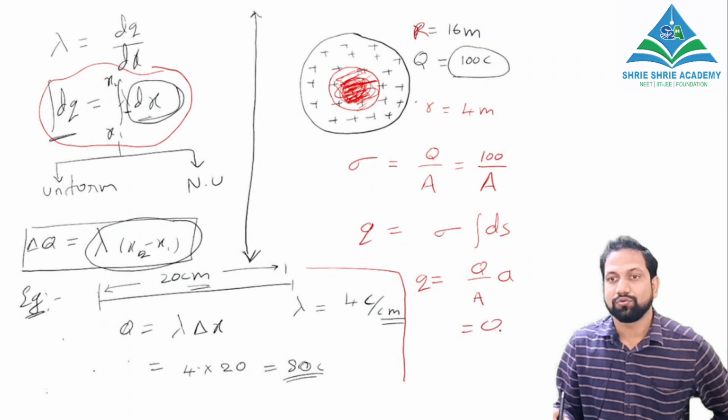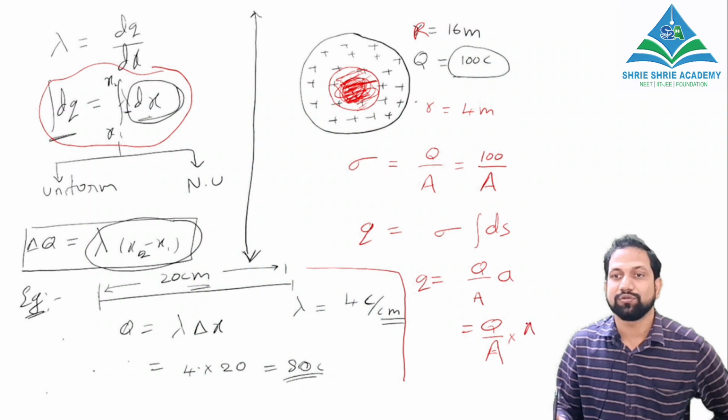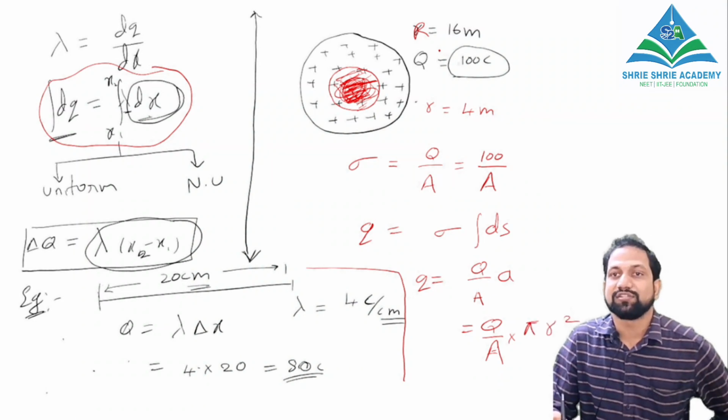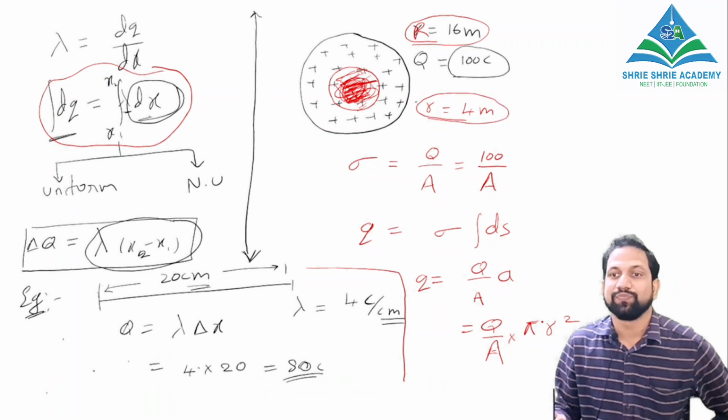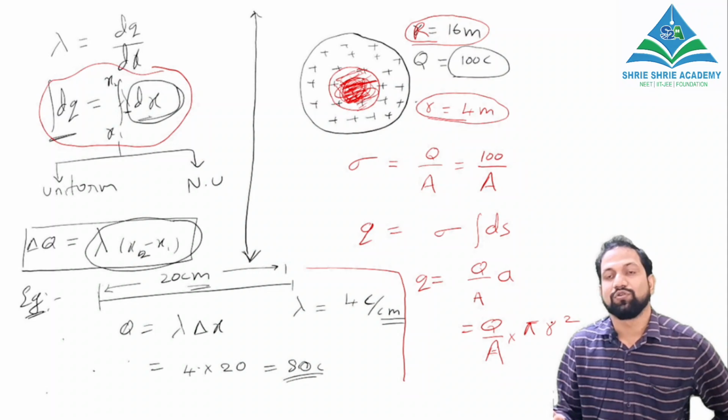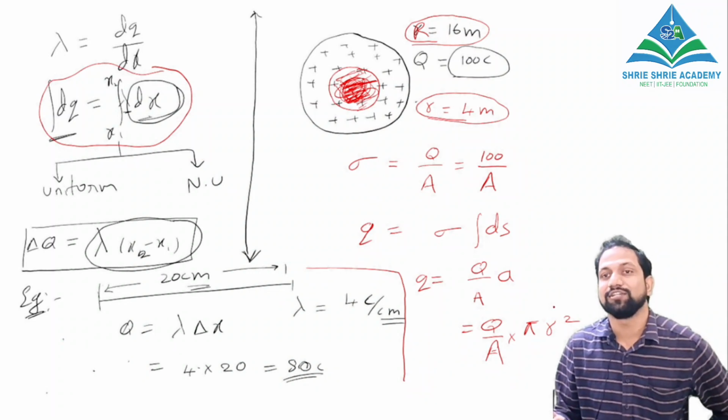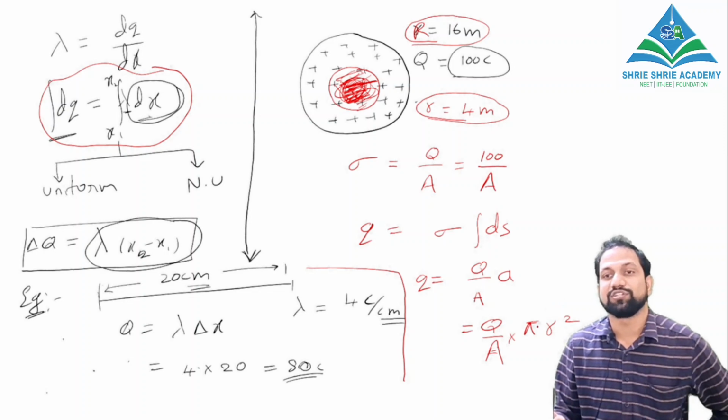Then Q by A into small a, which is pi into small r squared. The radius of the bigger disc is 16 meters, and the hole we are drilling is 4 meters. Then the ratio of radii is 1:4. The area is proportional to the square of the radius, so the ratio of areas will be 1:16.